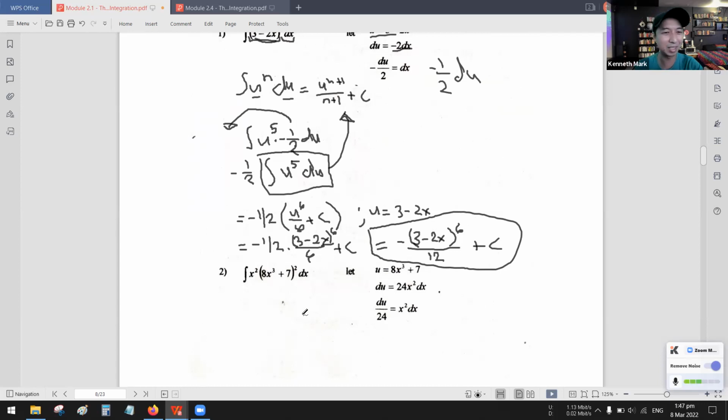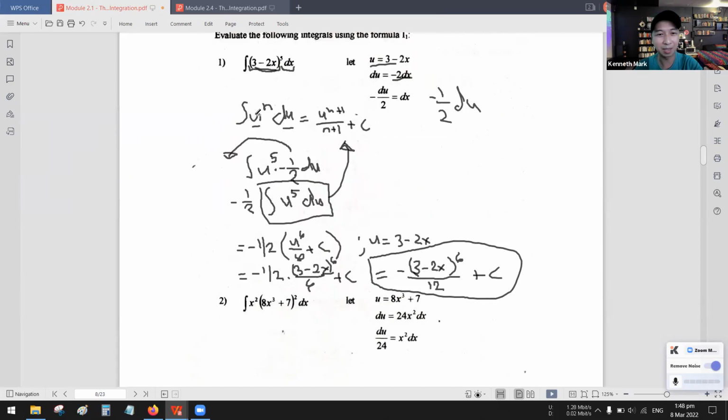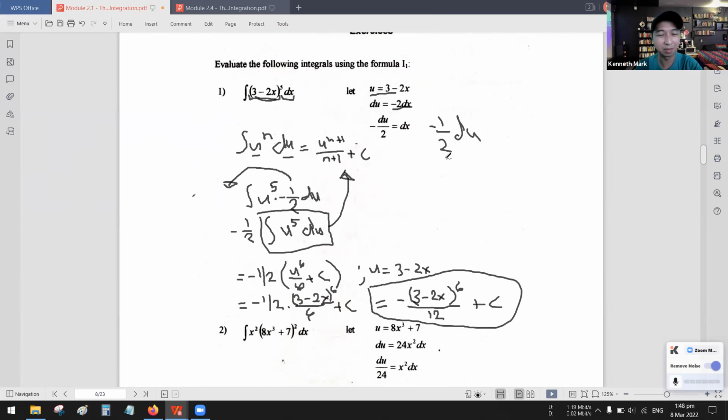So we will proceed with our discussion for our next topic. Example problem. Close natin. Ito na yung ito. Screenshot nyo na lang.